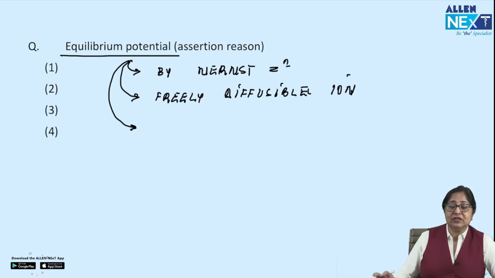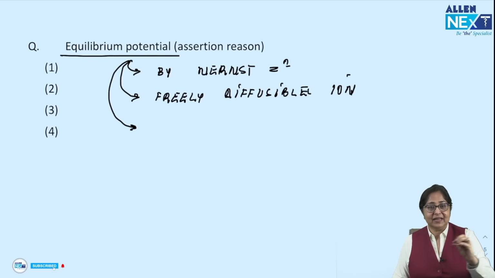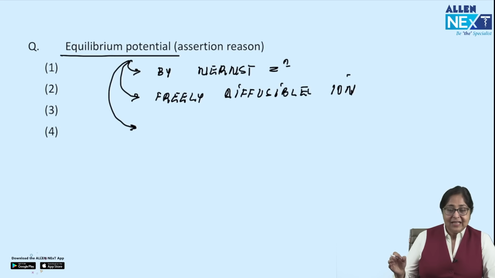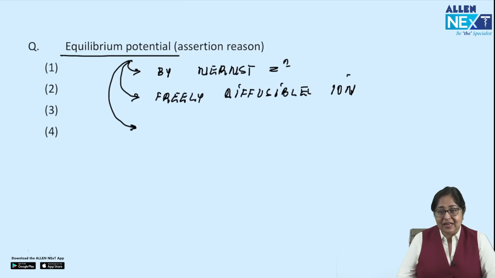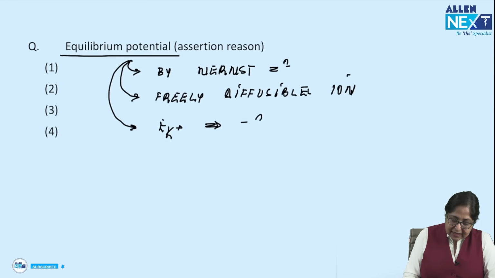The potential difference created due to the movement of a freely permeable ion is known as the equilibrium potential or the Nernst potential. This is given by the Nernst equation. What is the equilibrium potential in the case of potassium? This is minus 90 millivolts. Some books say minus 95 millivolts.